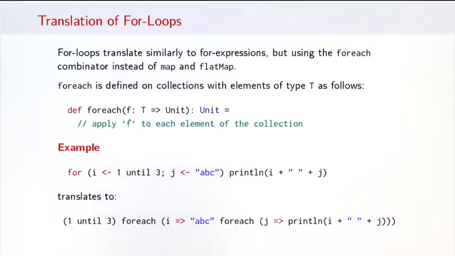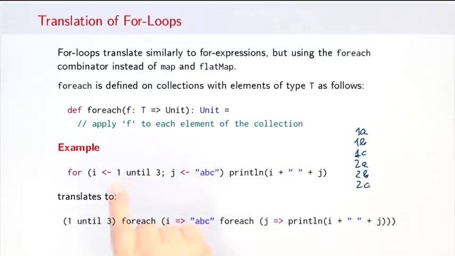So here's an example where you use two nested generators. You let i range from 1 until 3, j range over the elements of the string ABC, and you print i plus space plus j. So in this case, that should print 1a, 1b, 1c, 2a, 2b, 2c. That expression gets expanded into two nested calls of foreach.